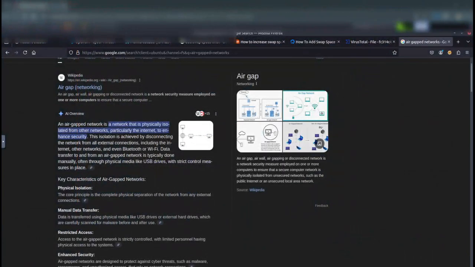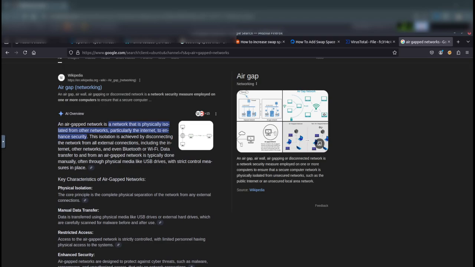According to Almighty AI, an air-gapped network is a network that is physically isolated from other networks, particularly the internet, for enhanced security. The isolation is achieved by disconnecting the network from external connections, including the internet, other networks, and even Bluetooth or Wi-Fi.